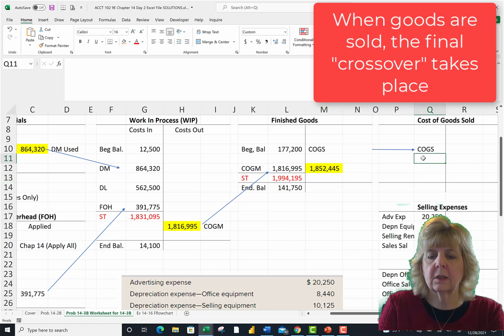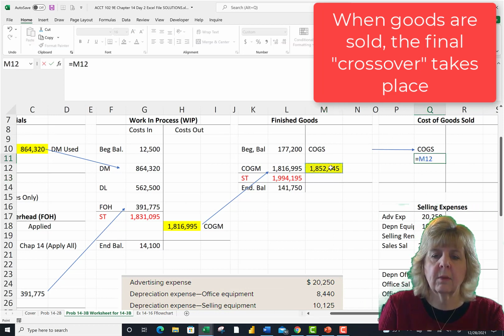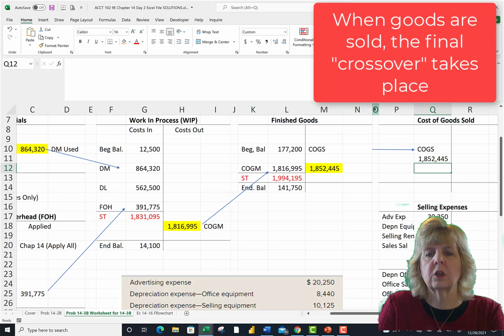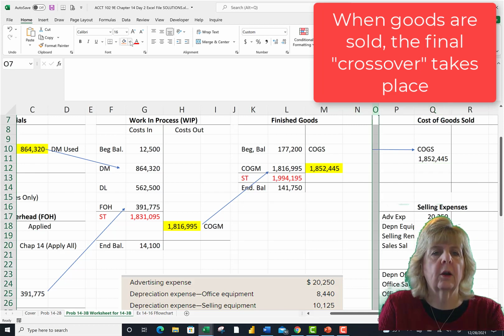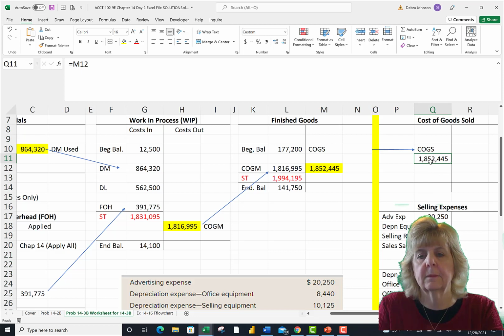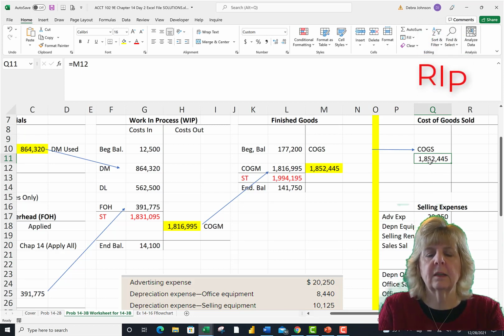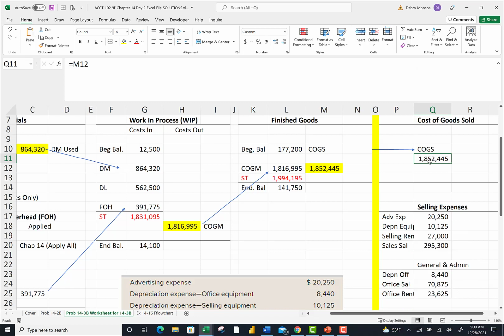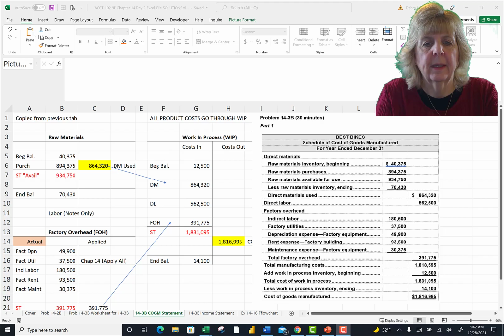Let me finish this up by grabbing that amount. And once the crossover here in my column O takes place, your costs have essentially found their final resting place. And that, in a nutshell, is the basics of cost accumulation systems.